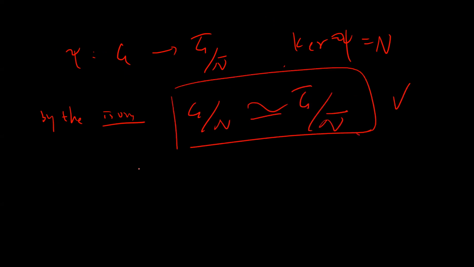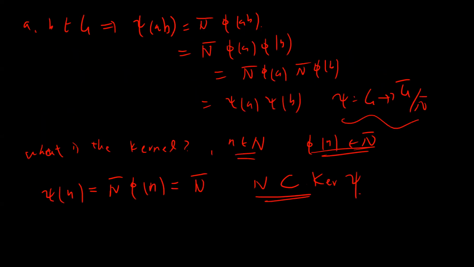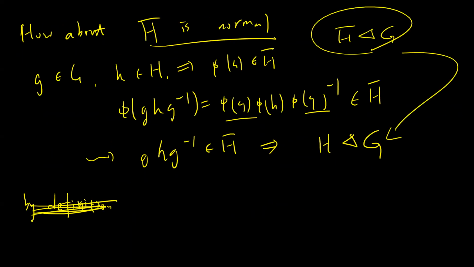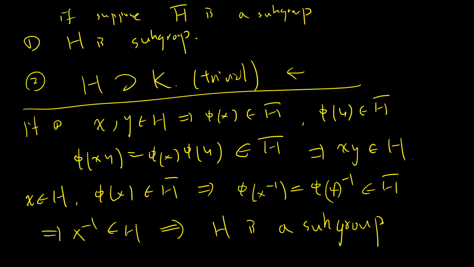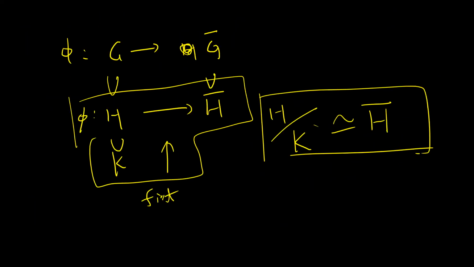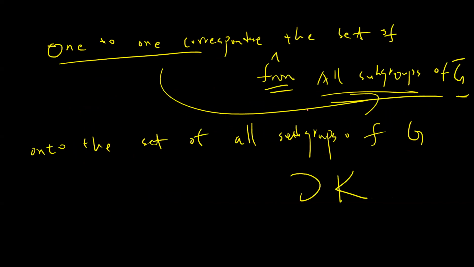Let's go to the second part. I already proved in the previous video, in the first theorem, that if you have this, then you get this. So now G bar is G quotient K, if it's onto.